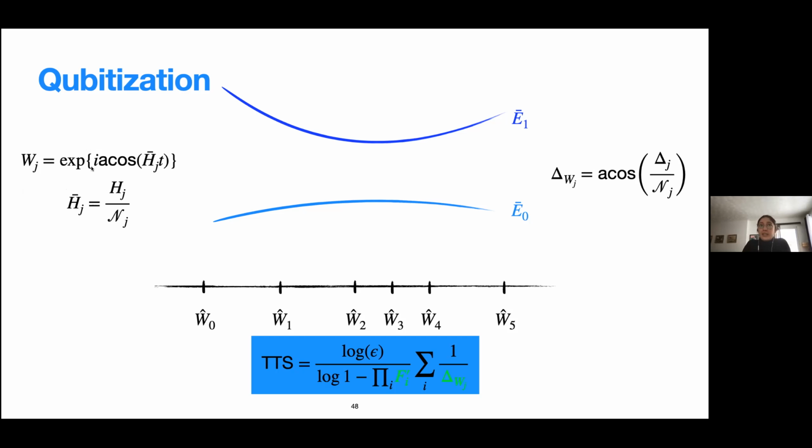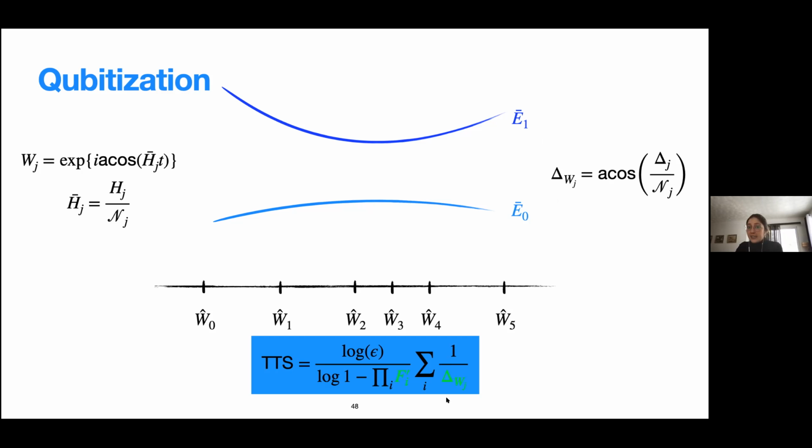The other thing is that it modifies the gap. The gap of this walk operator is now given by the arccos of the gap of our normalized initial Hamiltonian. Again, it's not clear from this formula that this corresponds to an increase in the gap, but in the case that we study with the Hubbard model, it actually corresponds to an increase in the gap.